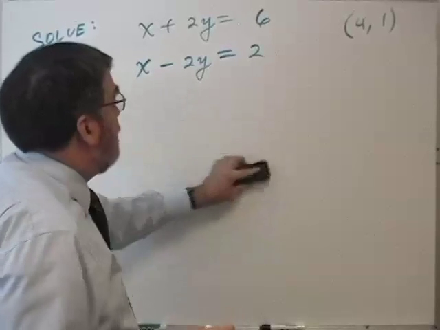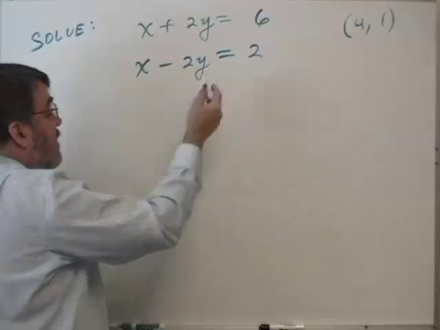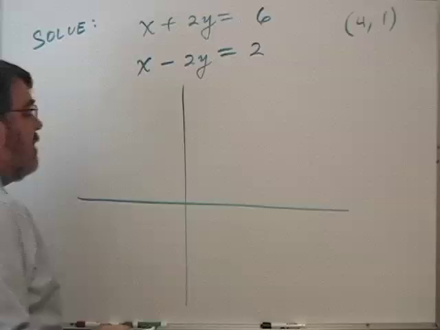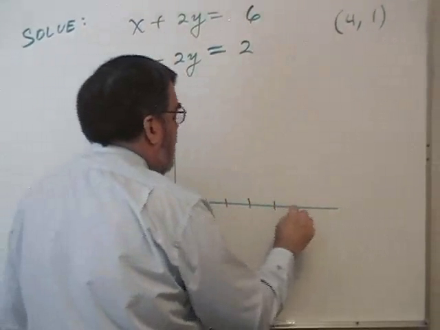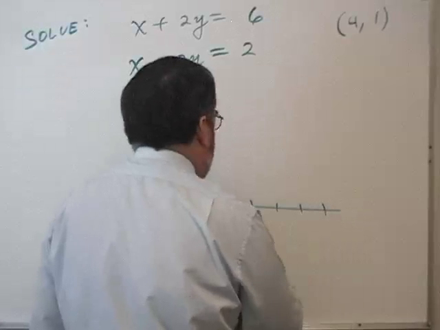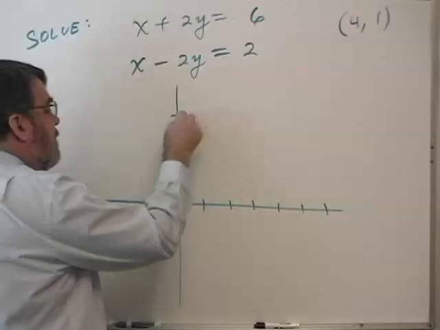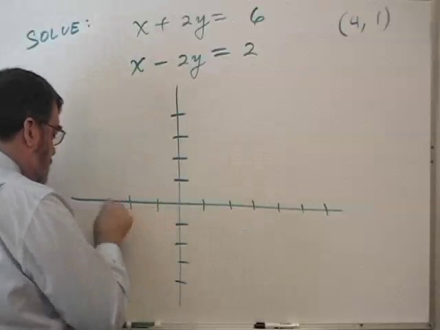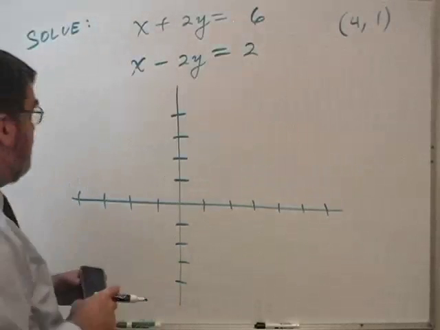I'm going to graph these equations of lines, because indeed that's what they are. They're equations of lines. So let's see, I'm going to use the 1, 2, 3, 4, 5, 6. I'm going to use the intercept method of graphing, which works very well when you have x's and y's on the same side.